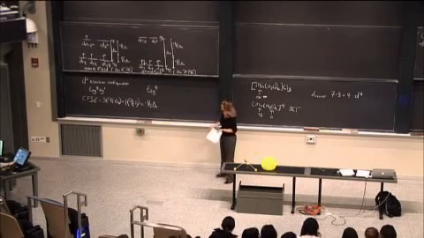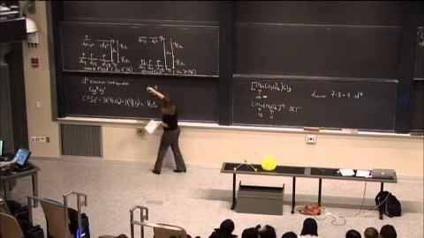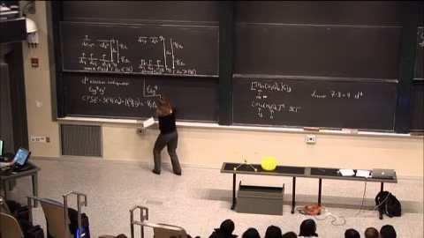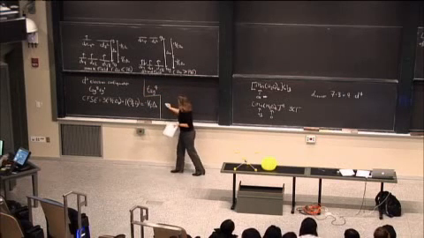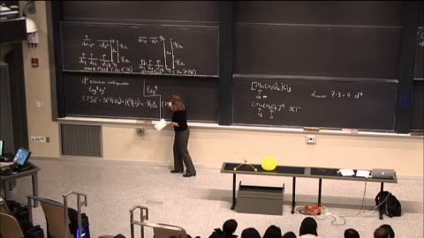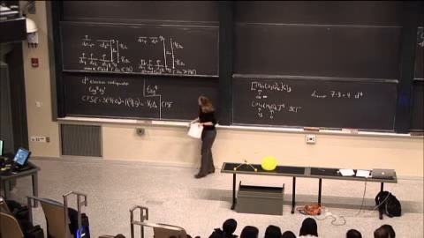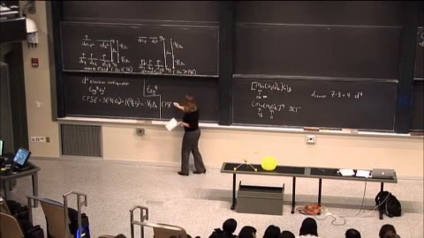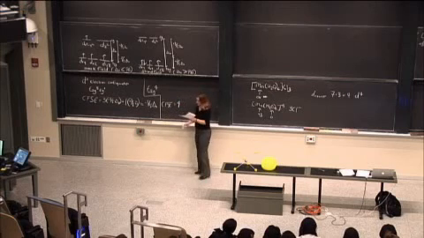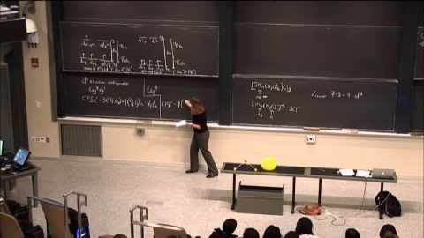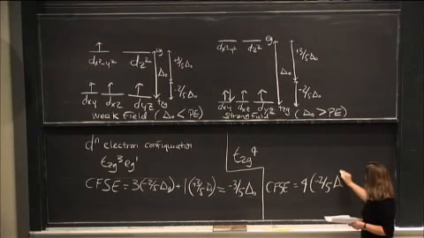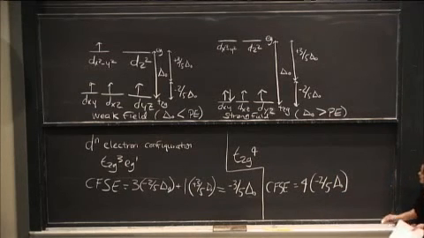Let's look at the low spin case, the strong field case, and do our crystal field splitting energy for that. So in this case, we're going to have 4 electrons times minus 2 fifths times the octahedral crystal field splitting energy.